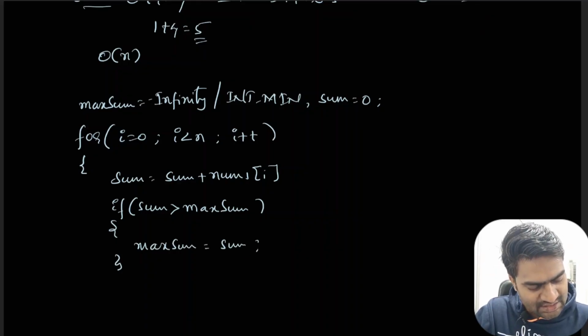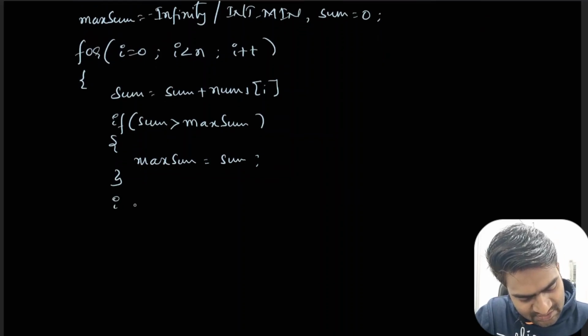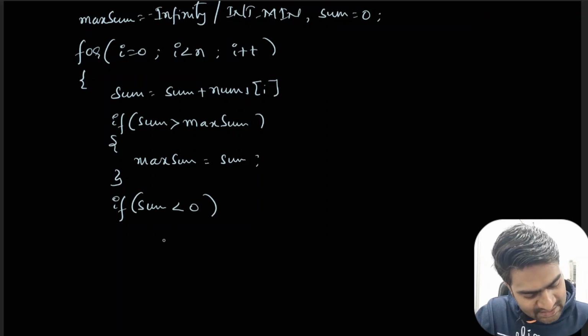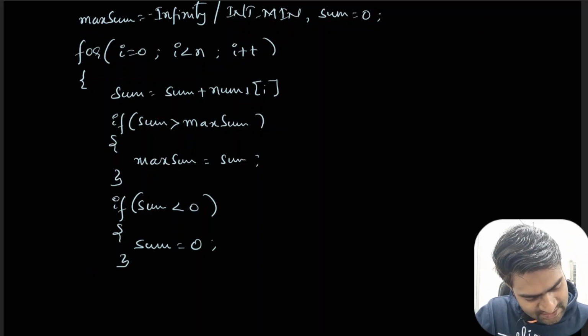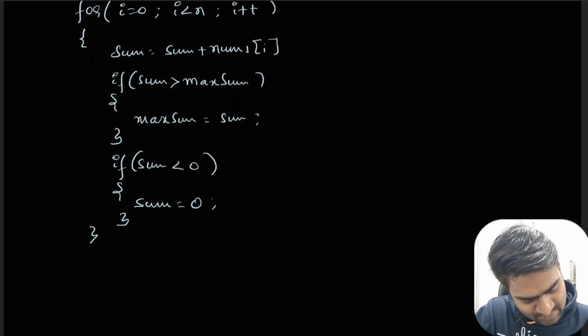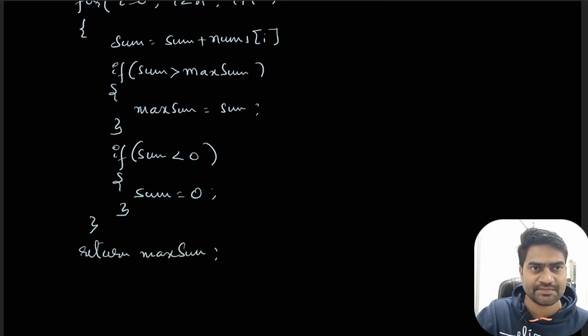Then at the end I will also make sure if sum is less than 0, then I will reset it to 0. Then at the end I will simply return my max sum.